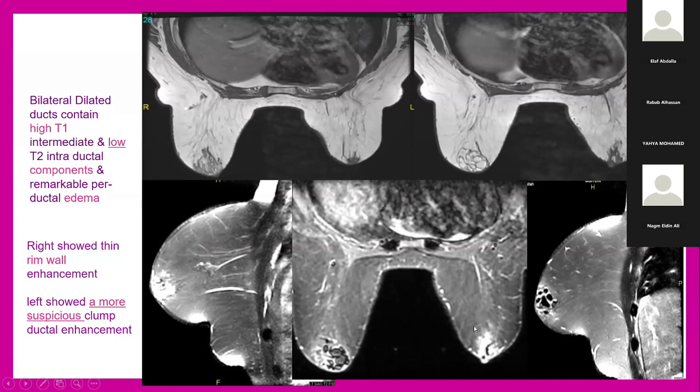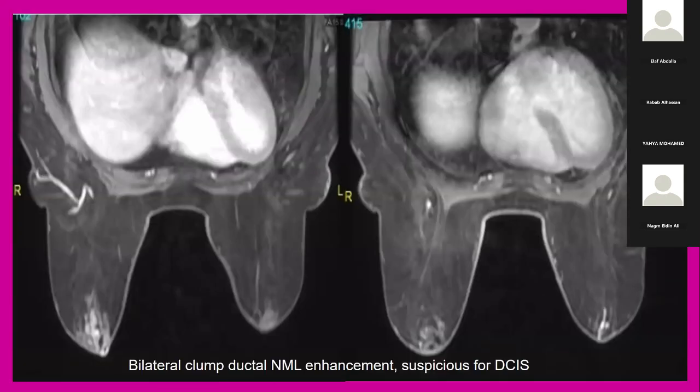In post contrast, there was predominantly periductal enhancement on the right side, but clumped ductal enhancement on the left, and to a lesser degree also seen on the right side here in the subtracted images.